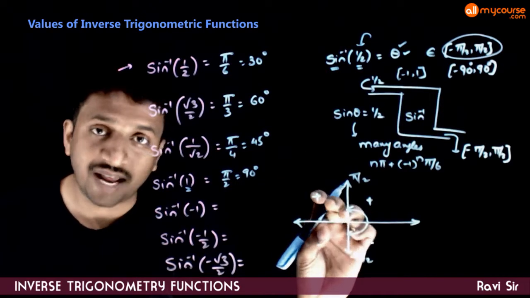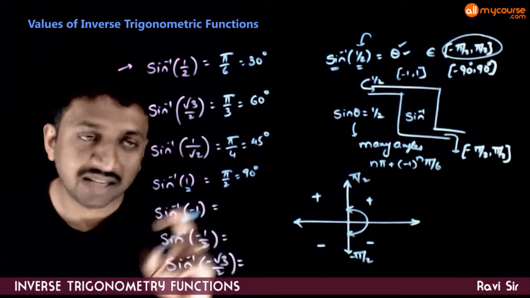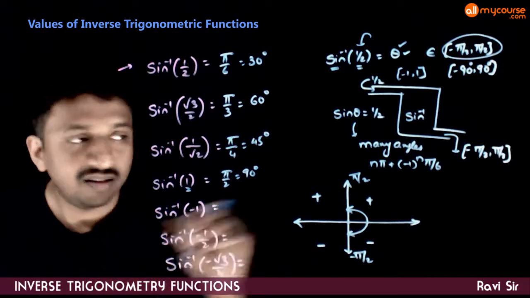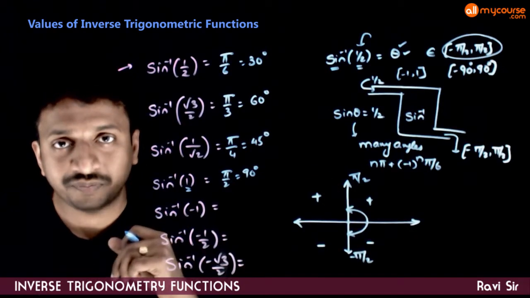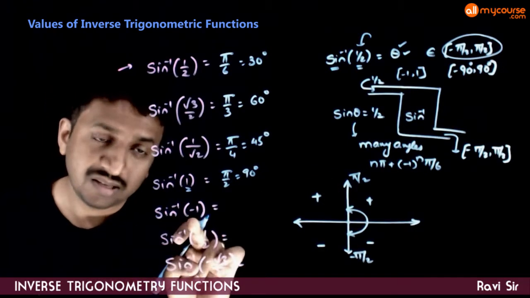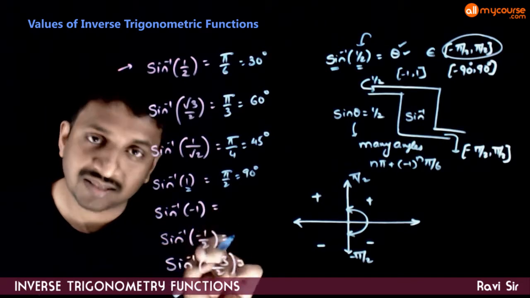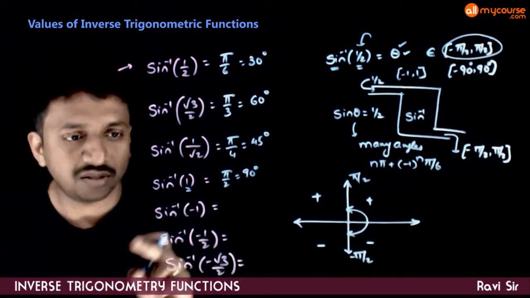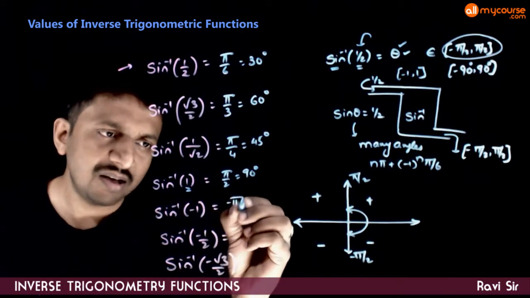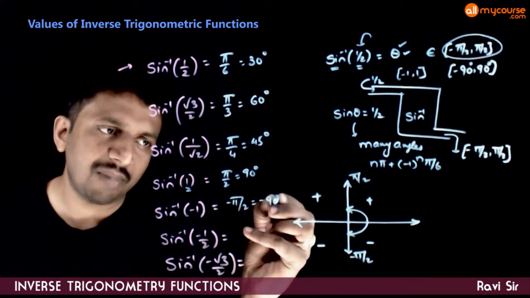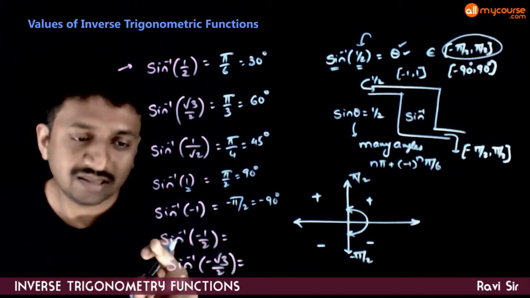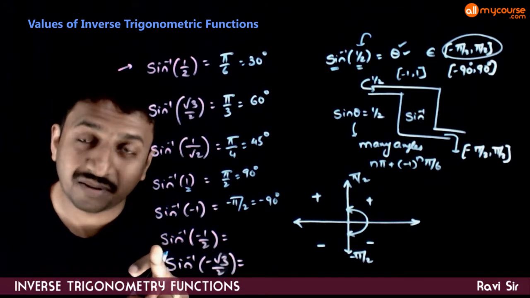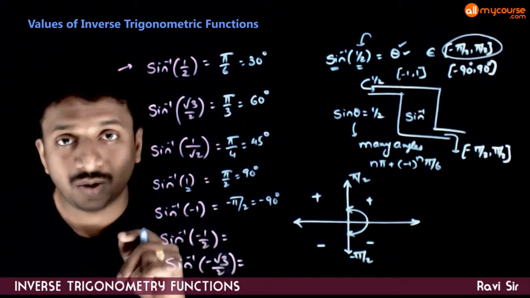The answer is always from minus pi by 2 to pi by 2. Now, if you have a negative number inside sine inverse, you get an angle in the fourth quadrant. So sine inverse of minus 1 is minus pi by 2 or minus 90 degrees. Similarly, sine inverse of minus half. Where will sine be equal to minus half?